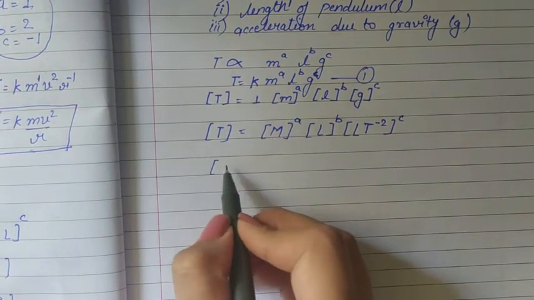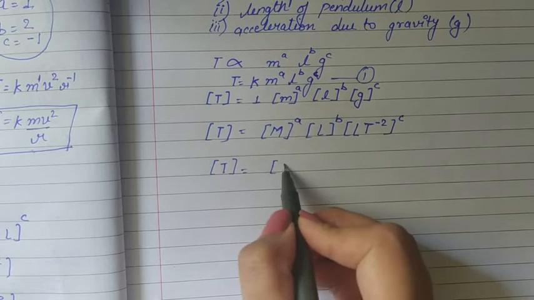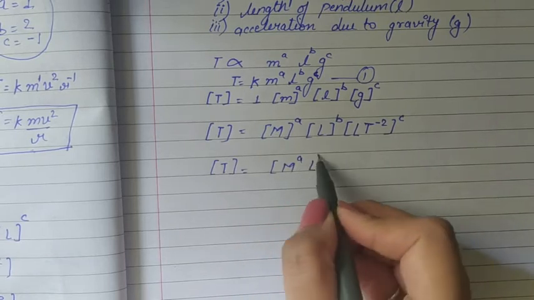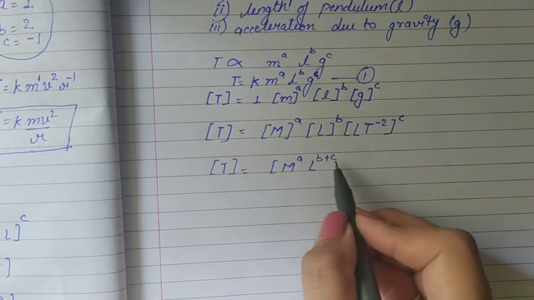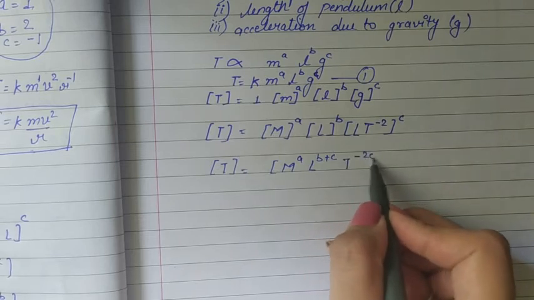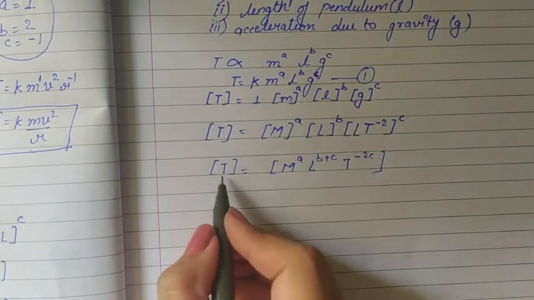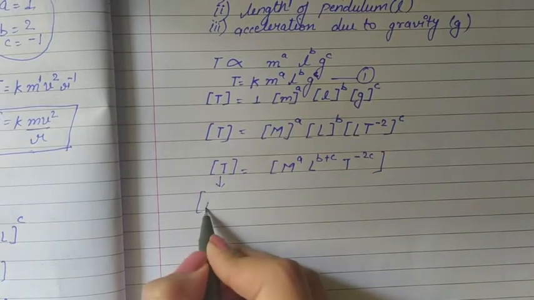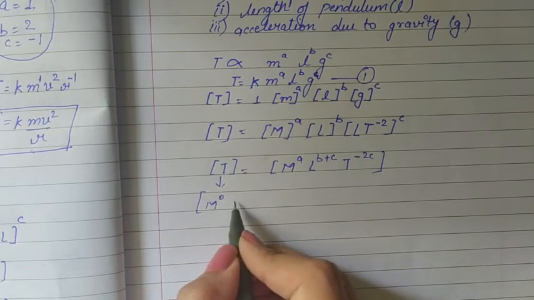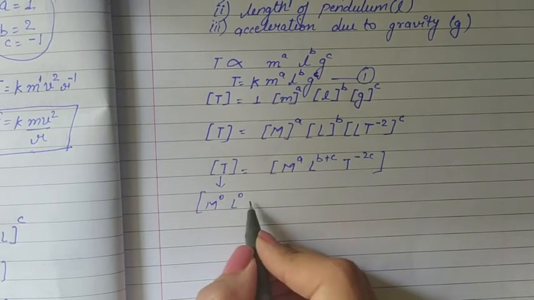On solving the right hand side, we get M^a L^(b plus c) T^(minus 2c). On equating exponents in left hand side and right hand side, now this is T only, which means here M power is 0, L power is also 0 and T is 1.